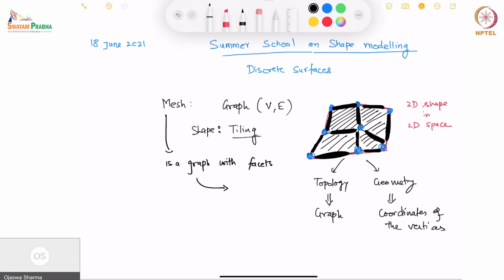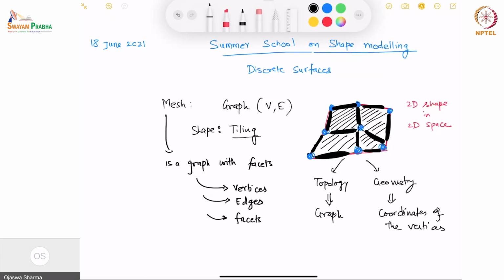So what are the components of this graph? It has vertices, of course. It has edges that connect vertices, and then it has facets. Okay, so that's a mesh, and depending on what types of facets we have, we get different types of meshes.